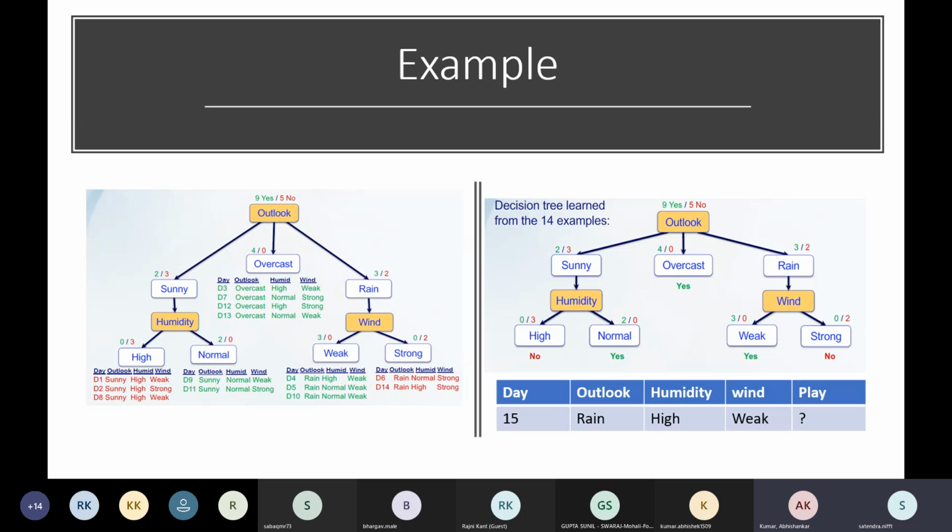Choose the class which has more votes. So we say maximum vote.